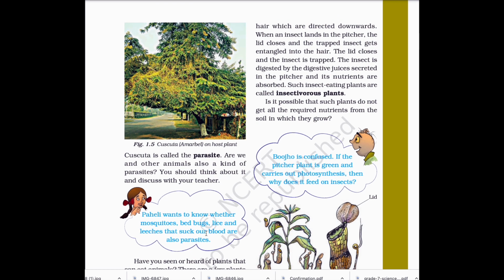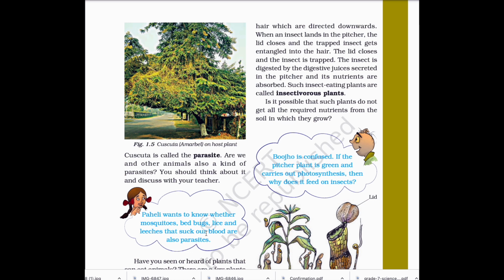When an insect lands in the pitcher, the lid closes and the trapped insect gets entangled in the hair. The insect is digested by the digestive juices secreted in the pitcher and its nutrients are absorbed. Such insect-eating plants are called insectivorous plants.